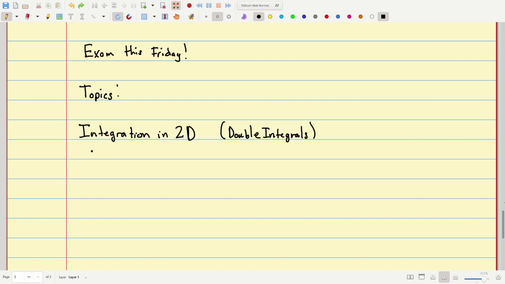Of course, overall, we're talking about iterated integrals. Okay, if I give you an iterated integral to compute, you should be able to compute the value there. Straightforward calculation questions. All right.